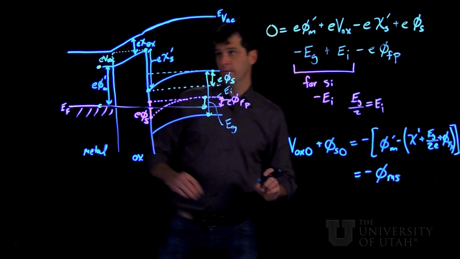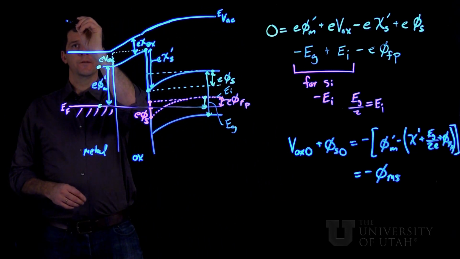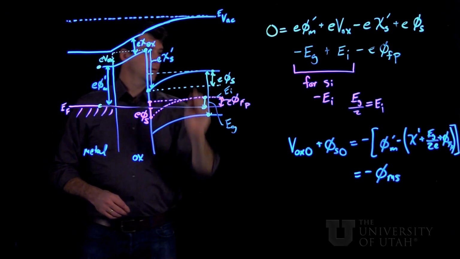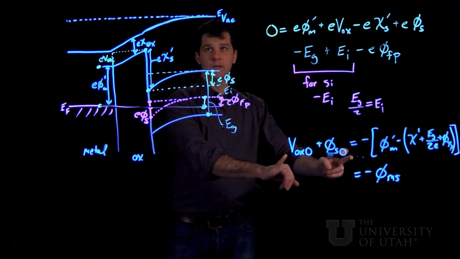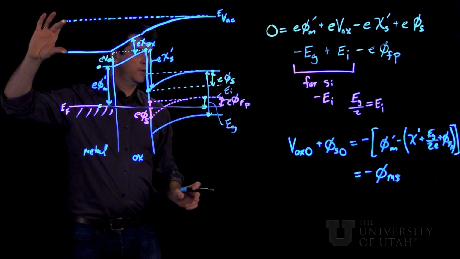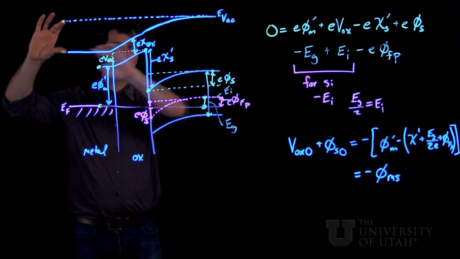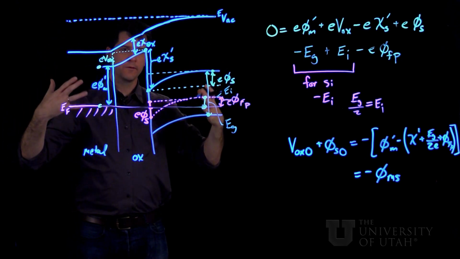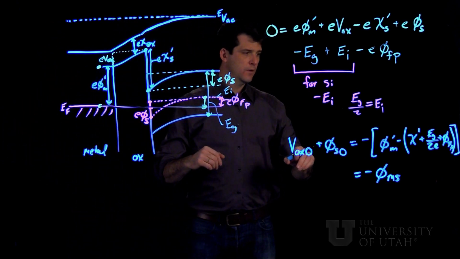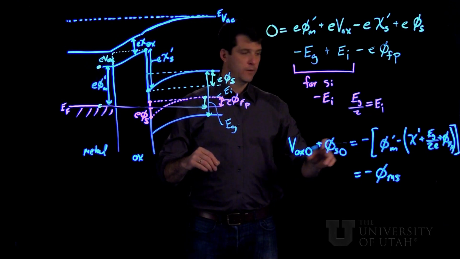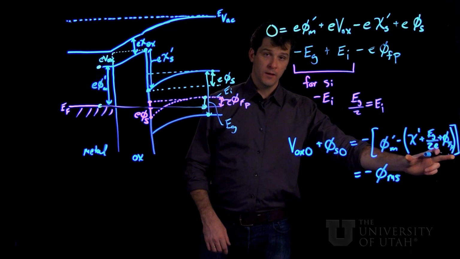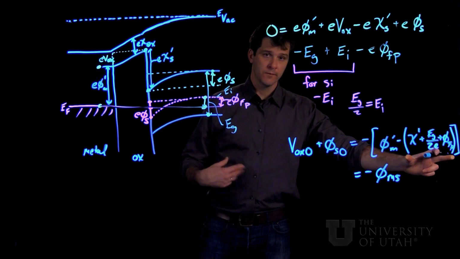And if we look back here on this diagram, what we're really saying is the total voltage change here has to add up to the amount of change in the vacuum level, and we know that has to, in the end, add up to the change in work functions between the metal and semiconductor. So then we can identify this quantity here as the work function of the semiconductor.